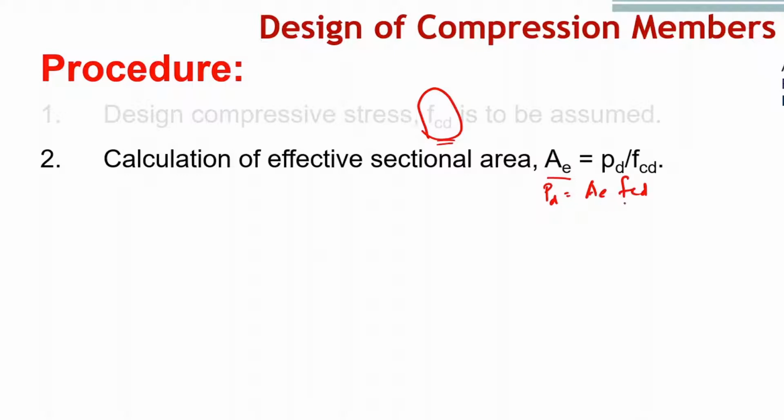If you know FCD from our assumed value and the given factored load, then the area required to withstand this factored load is AE. So if you know the factored load and assumed design compressive stress, you can find the area required to withstand the applied factored axial compressive load.